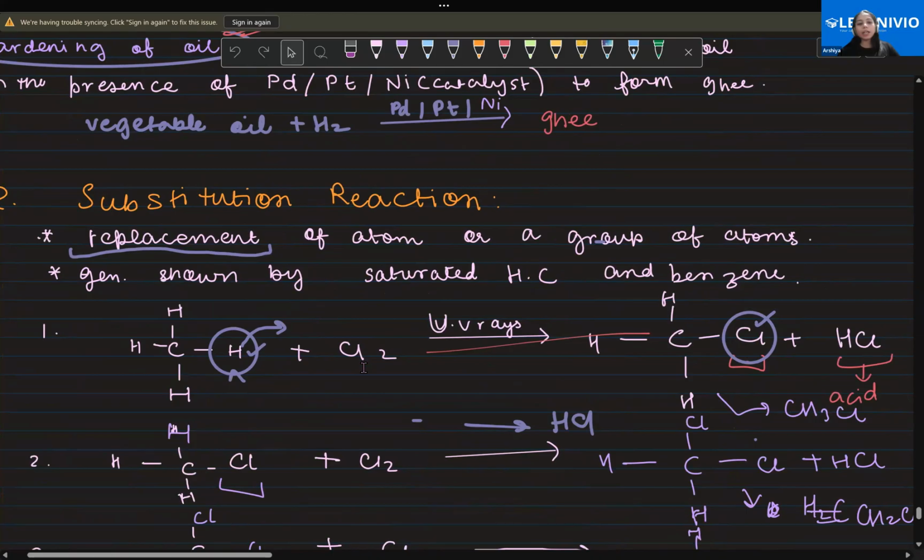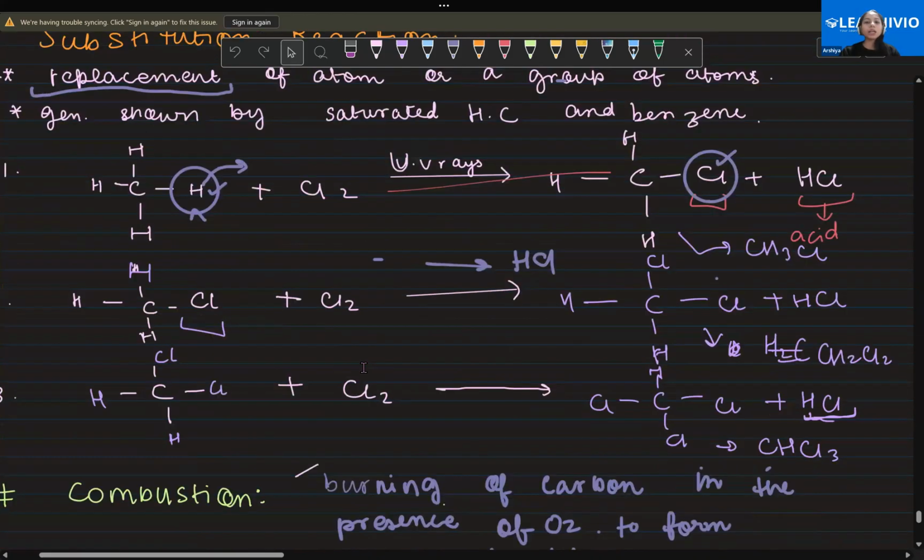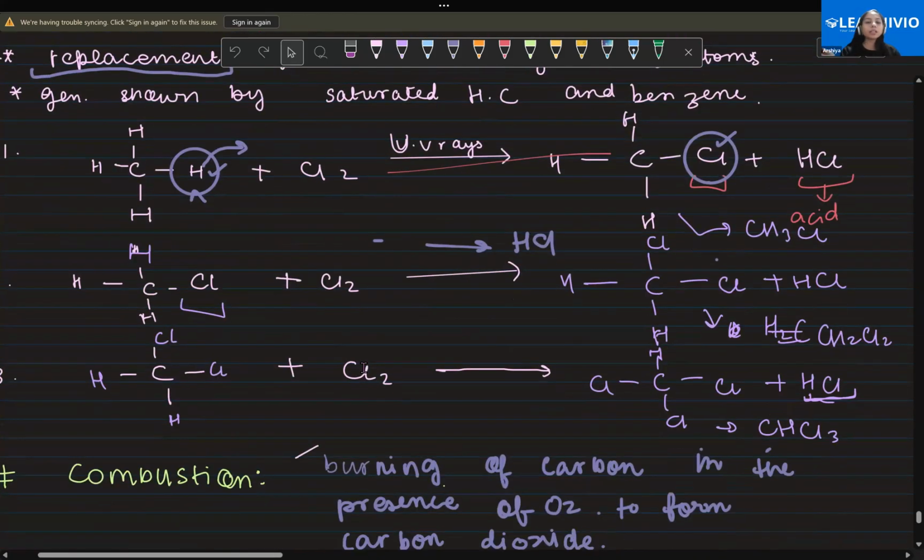We took the example of chlorine, and in the presence of UV rays we react hydrocarbon and chlorine to give us the product, and we can react it with more than one chlorine, and we will get our product accordingly.